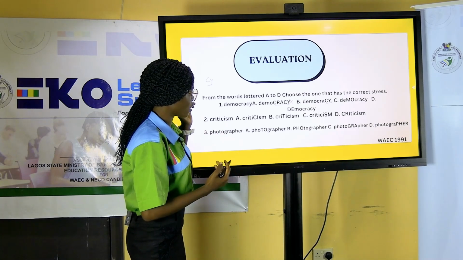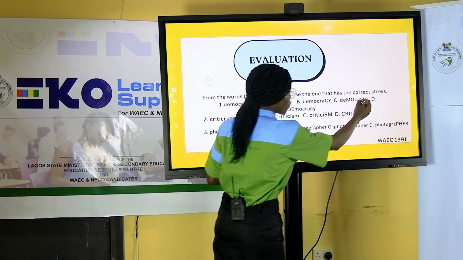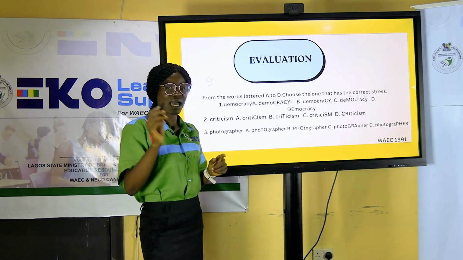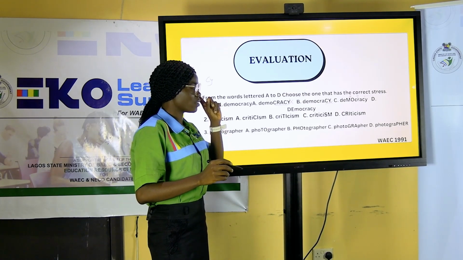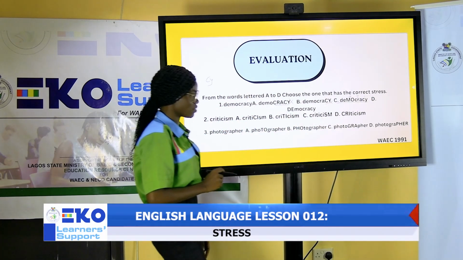So let's look at the option that has it. Now, 1, 2, 3. In option C, we have democracy, which means that we have stressed the antepenultimate syllable, the third syllable from the end, which means this is the correct answer.